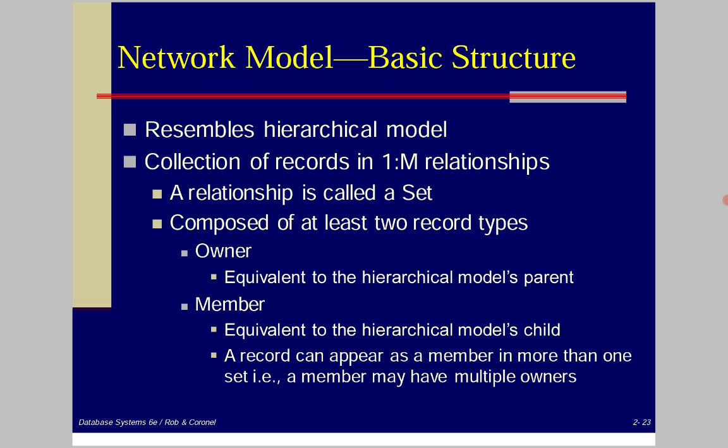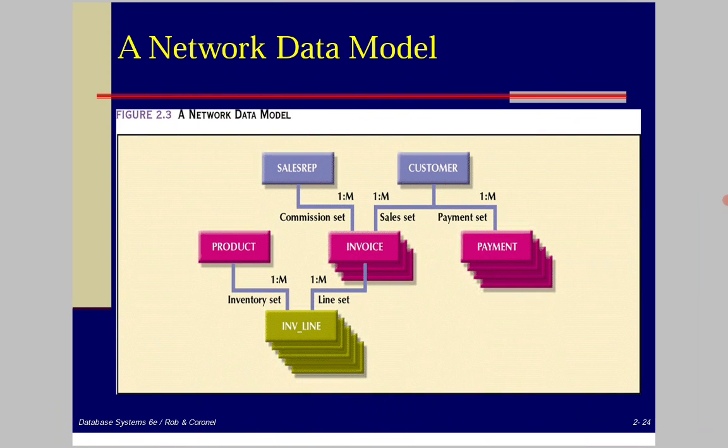Every record has two types, owner and member. Owner is called the parent node in the hierarchical model, and member is called the child node in the hierarchical model. It also strictly follows the 1:m relationship only. So, this is the example of a network model.